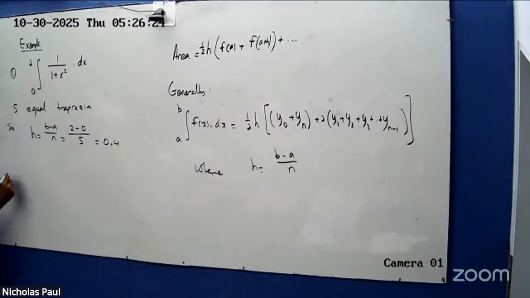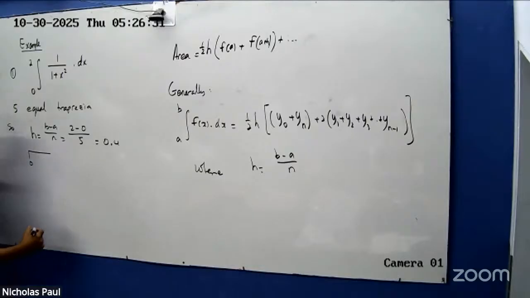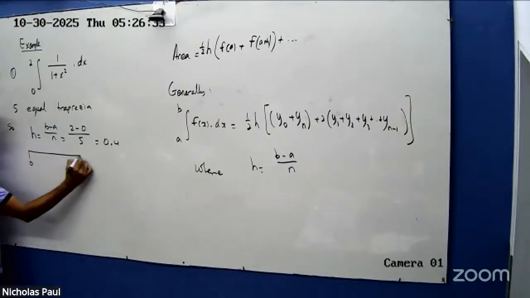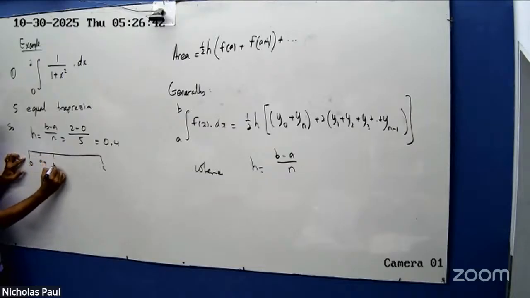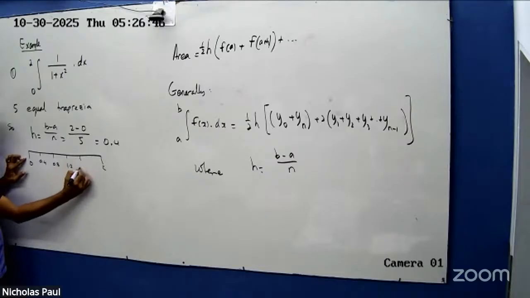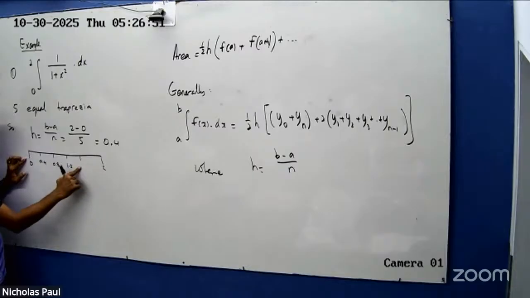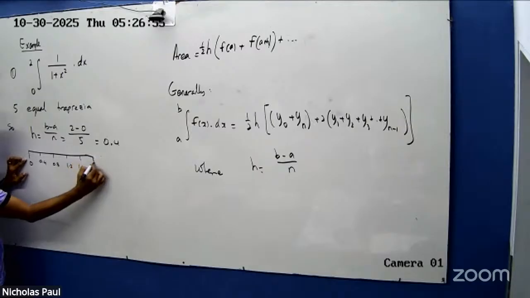So we do another table. I want you to understand what you're doing, right? So you're starting from 0 and you're splitting it up into 5 equal trapezium, right? So it will be 0.4, then 0.8, then 1.2, then 1.6, and then 2.